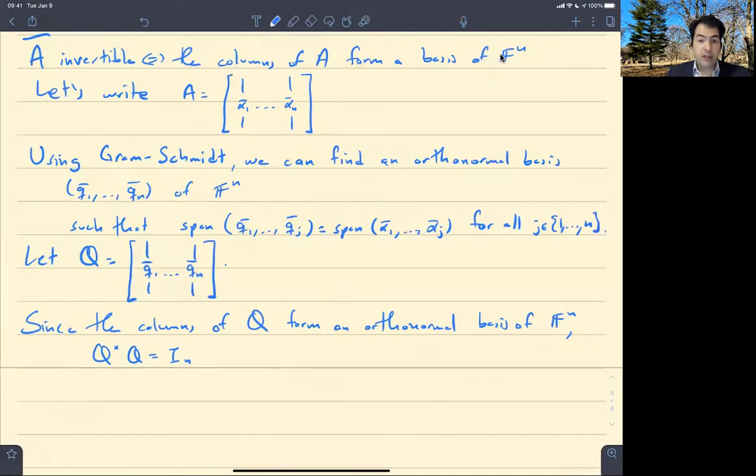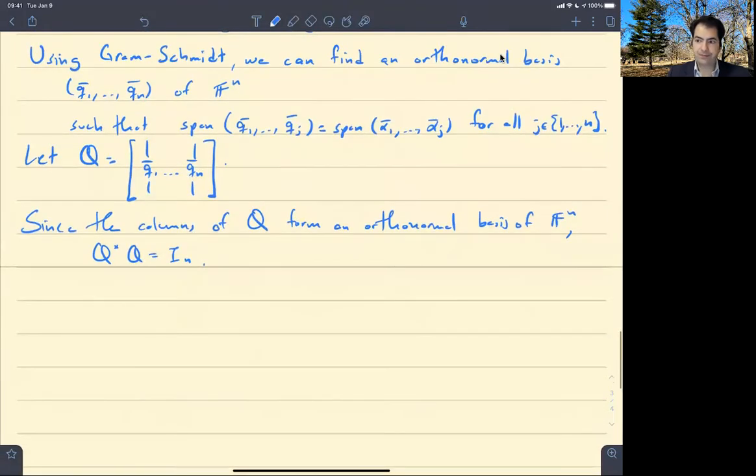So Q is unitary if we're working over the complex numbers, or is orthogonal if we're working over the real numbers. We'll just say unitary when we mean both possibilities depending on the field. Having found Q, we'll let R be Q inverse times A, or because Q is unitary, that's the same as Q star, Q adjoint, times A.